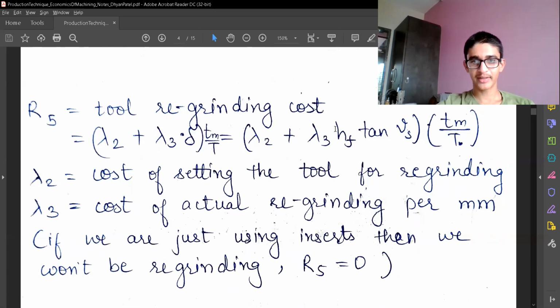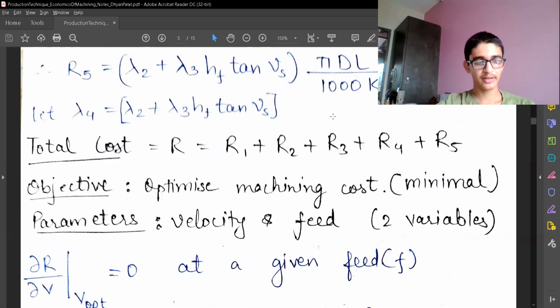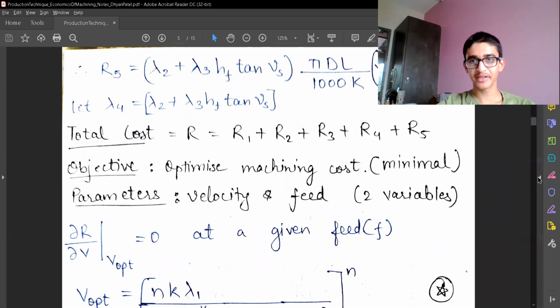So I have just substituted delta over here. Coming back, this is indicating the number of times regrinding is to be done. So I've just combined all the things, and this is the final equation for R5.